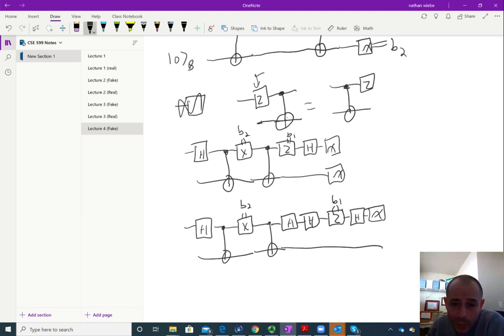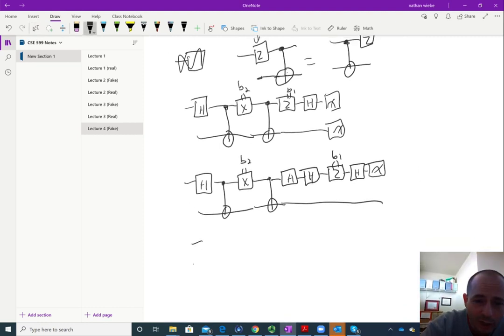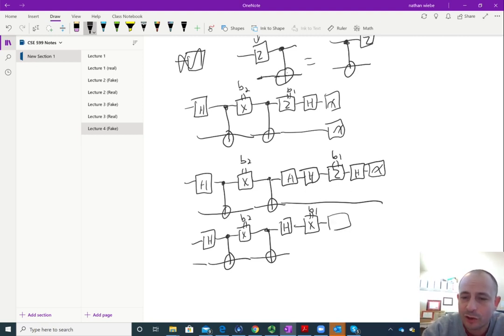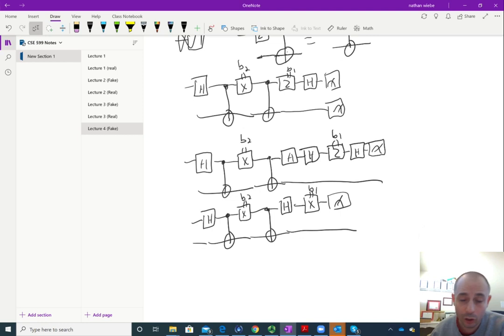So now, this is the same thing as H, with B2 going down here, and H here, and now X applied with value B1, using our fact that the Hadamard transformation conjugated around Z gives us a Pauli X operation. Cool.